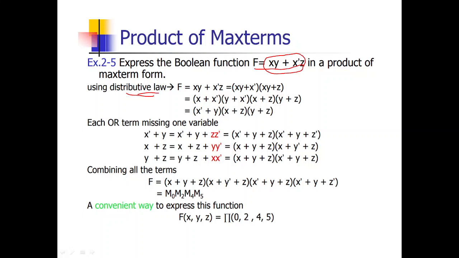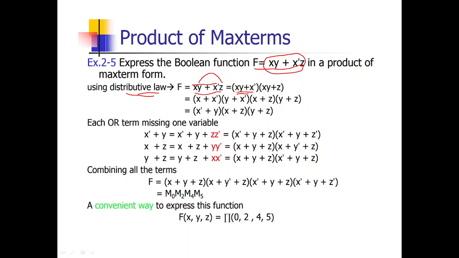So how is it performed? The given Boolean function is f is equal to xy plus x dash z. By using the distributive law, this sum of product is written as xy plus x dash into xy plus z. And again for this we have to apply the distributive law.